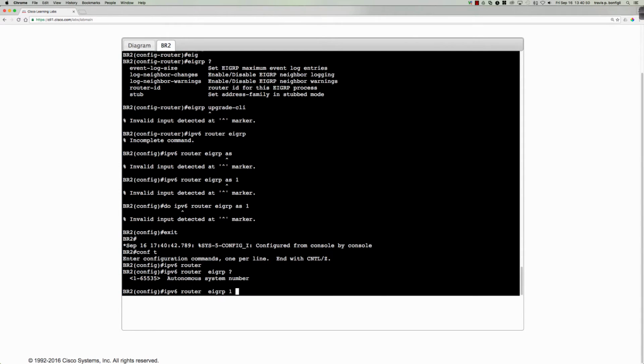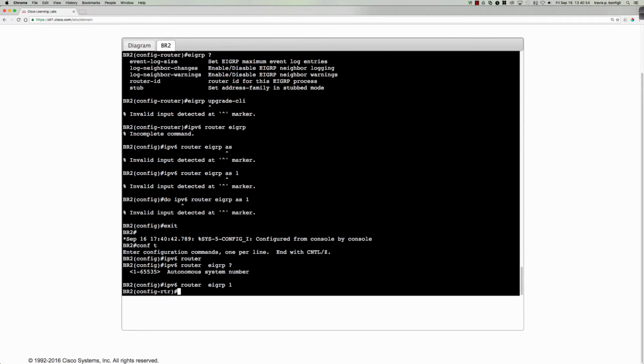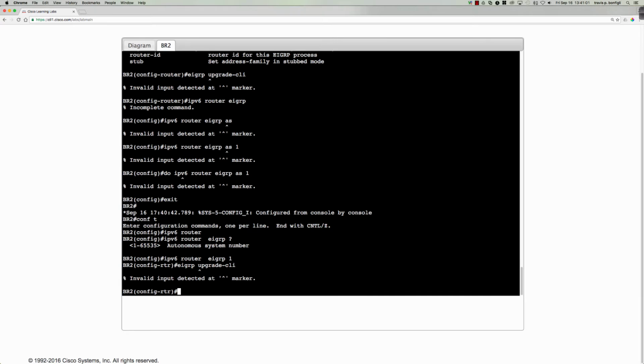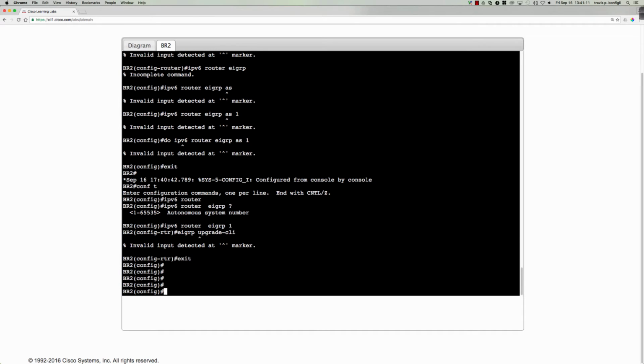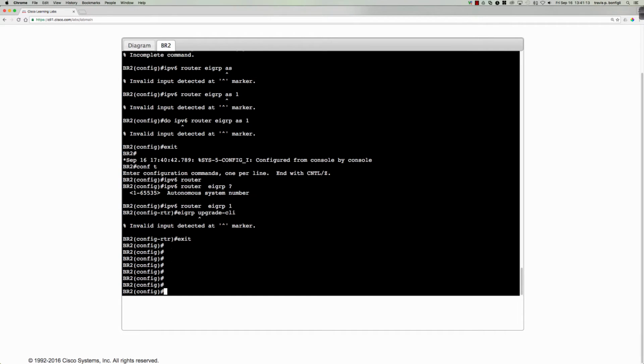I put AS there, sorry, because we're going to need to do that here in a second. But yeah, I'd say IPv6 router EIGRP 1, and then I would simply say EIGRP upgrade-CLI, and that would convert the classic mode EIGRP configuration into the named mode configuration for both v4 and v6. But again, that's with 15.4 code. So here they've got us manually making those removals.